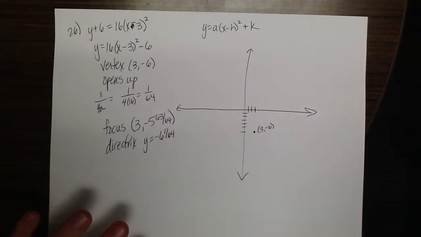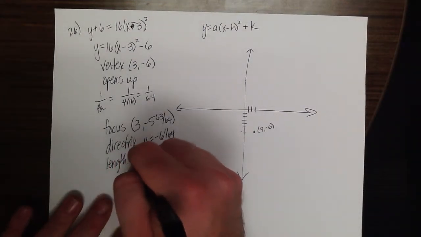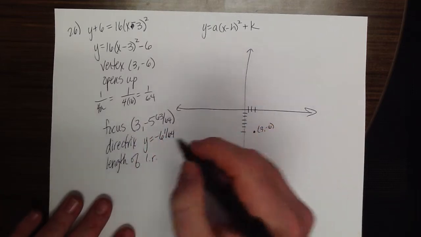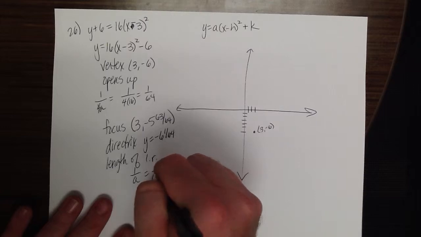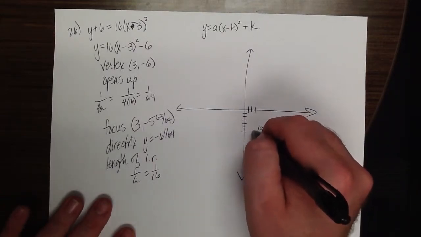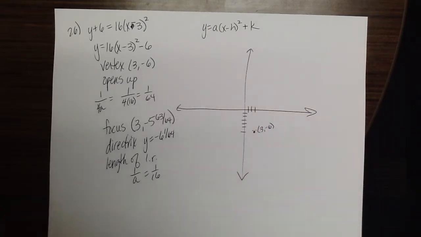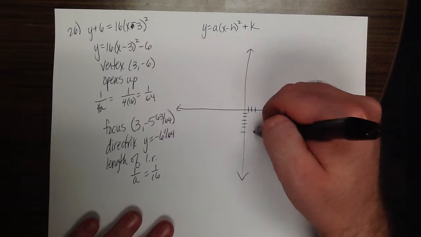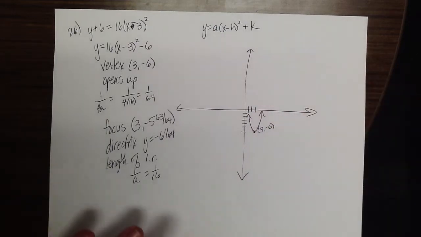Okay? The length of the latus rectum is 1 over a, which is 1/16. I won't make you do the tiny 1/16 for the latus rectum. And so all you would have to do from here is know that it opens up from there.